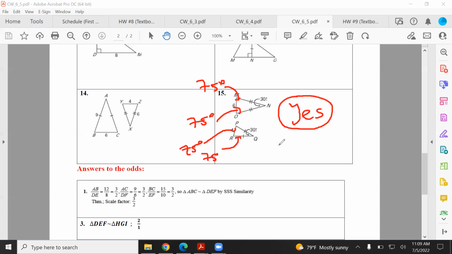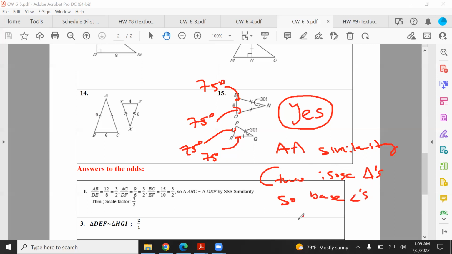So yeah, I'd say yes due to angle similarity. Base angles are congruent in an isosceles triangle.